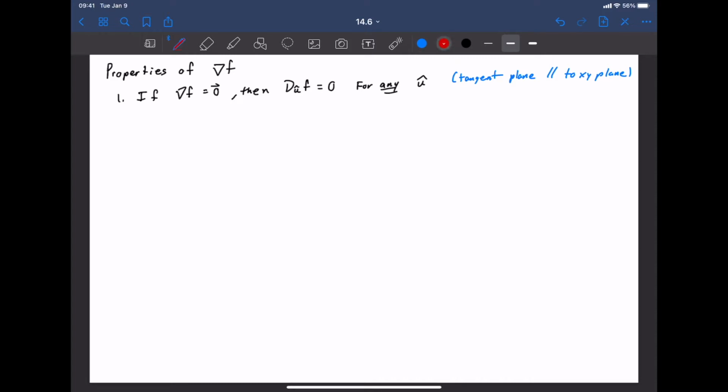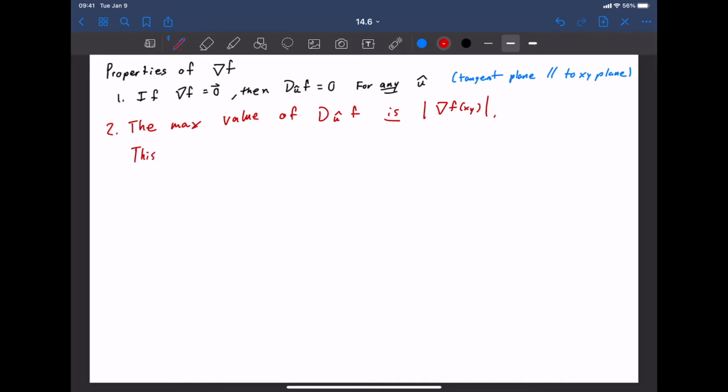Number 2. The max value of the directional derivative is the magnitude of the gradient. Note that says the magnitude of the gradient, not the absolute value. When the bars are around a vector, we're talking about the magnitude.